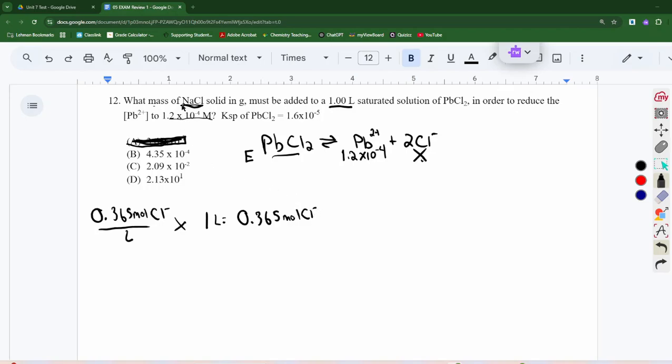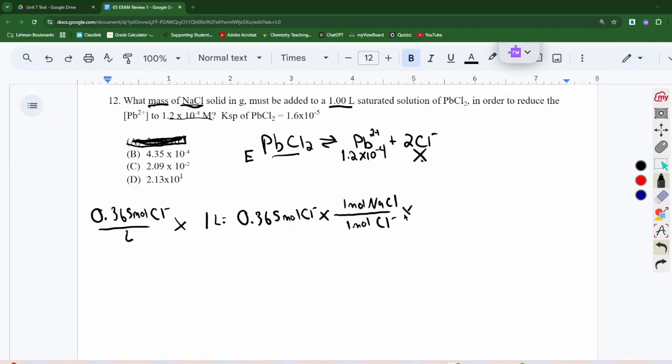What it's asking me is how much NaCl do I need to make that many moles? So I'm going to multiply by, for every 1 mole of NaCl, I get 1 mole of chloride ion. It's 1-to-1, but I just want to make sure we're covering all our bases. And it's asking what mass. So I've converted all the way now to moles of sodium chloride.